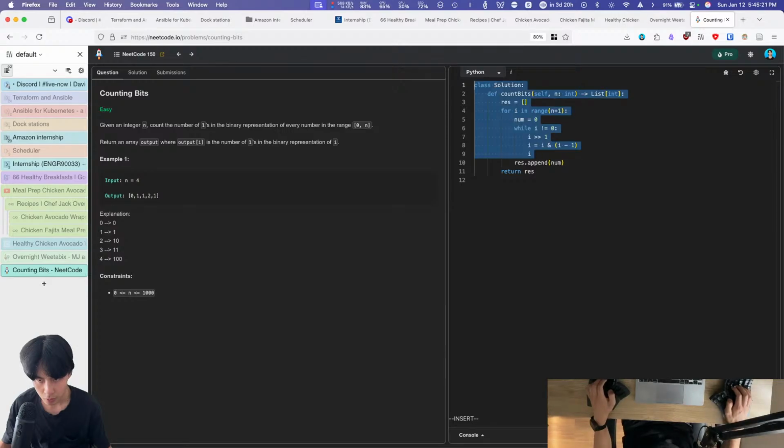No, okay. Gotta remember where that and symbol is. i and equal i minus 1. Okay. num plus equals 1. 1, 2, 3.